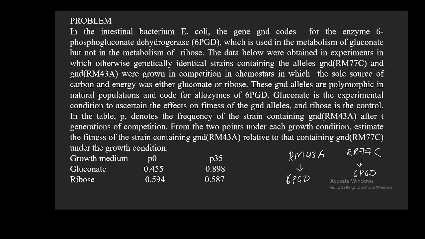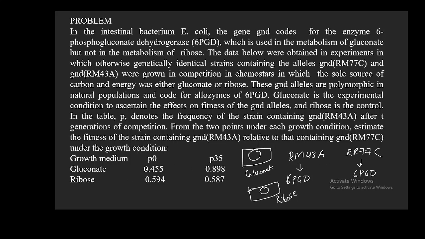And you want to see, if this is the bacterial cell and you are growing it in the gluconate media, and when you are growing the same bacterial cell in the ribose media, then which genotype is more fit in comparison to the other genotype.